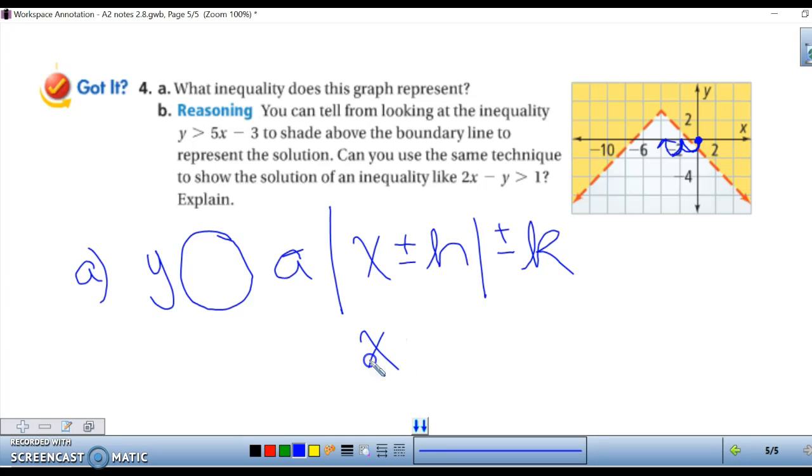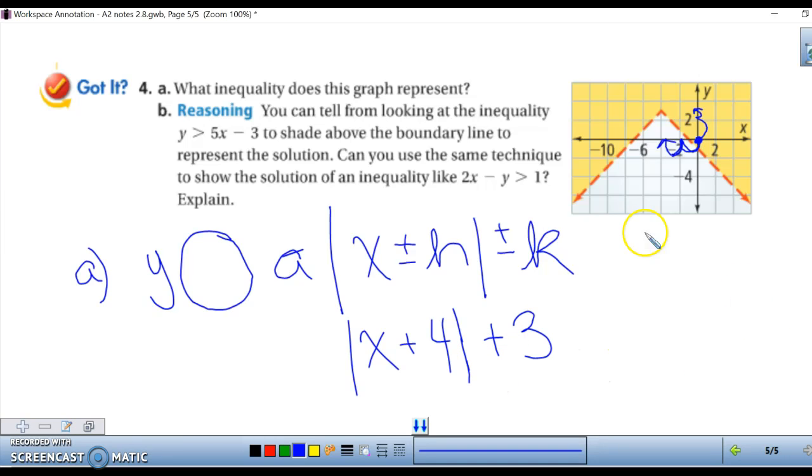Is that plus or minus H? It's plus H. And we know what H is equal to. We just counted 4. And we went up how many steps? 2 and 3. We went up 3 steps, so that's going to be plus 3 in the K part.